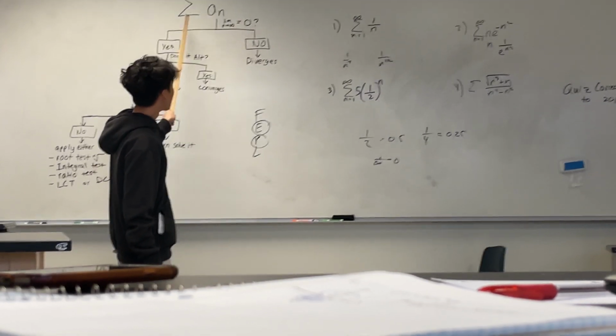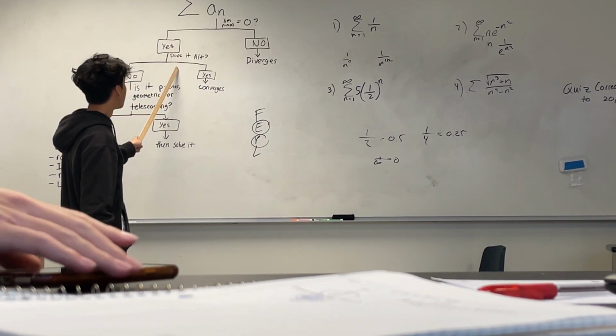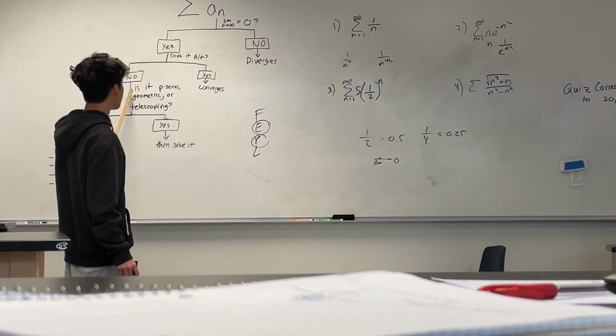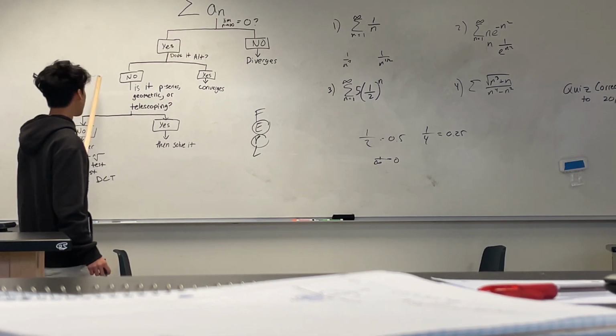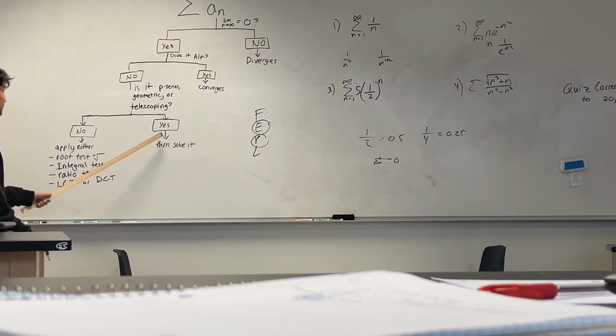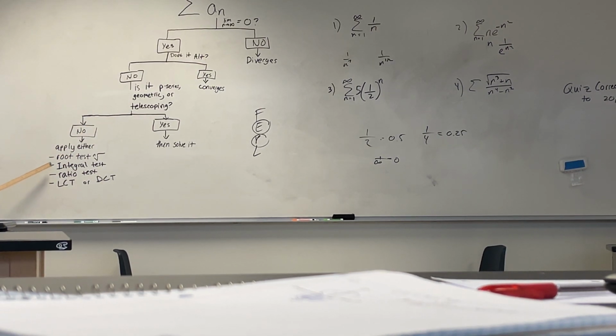So then, following along this flowchart, does it alternate? No. So then, is it p-series, geometric, or telescoping? It's neither one of those. So because it's not one of those, we apply either root test, integral test, ratio test, or LCT or DCT.